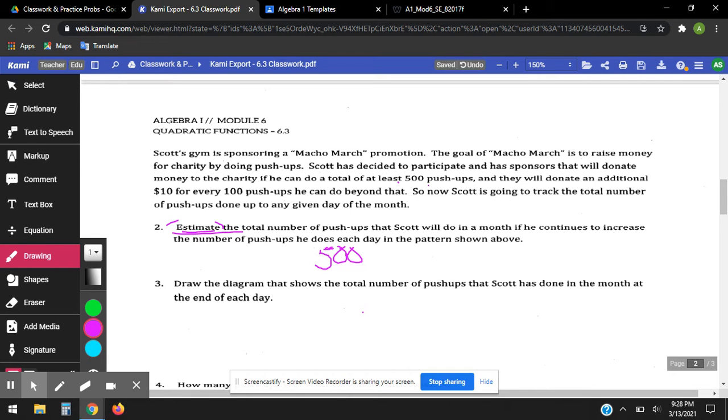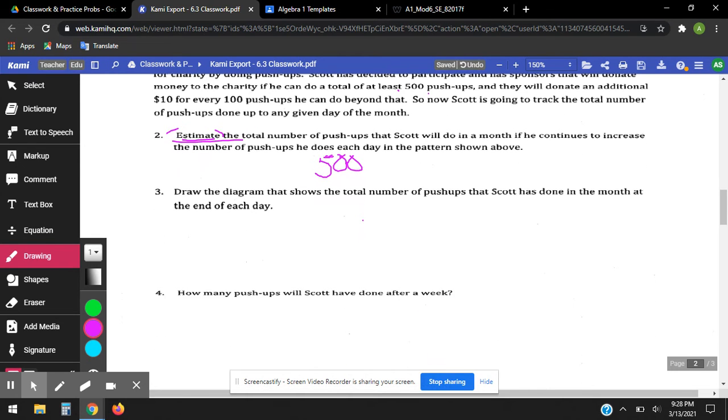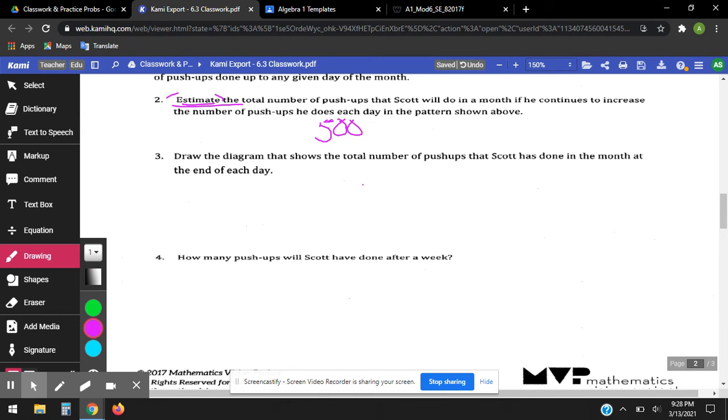He'll make it. So draw a diagram that shows the total number of push-ups he's done in a month at the end of each day. So we are going to basically just get going with the pictures of the first one. So we know day 1, he's done 3, right?